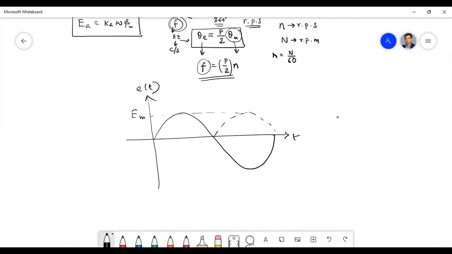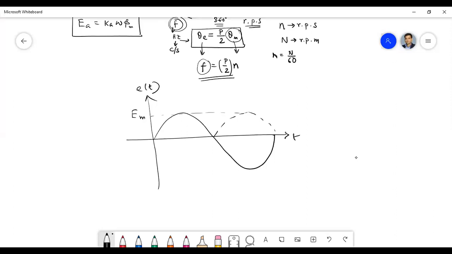Because I already told you that it's the technology of almost 180 years back. Then we didn't have any kind of solid state device like today we have, like diode, thyristor, MOSFET, etc. We didn't have all these electronic devices. Okay, so that is the first point.